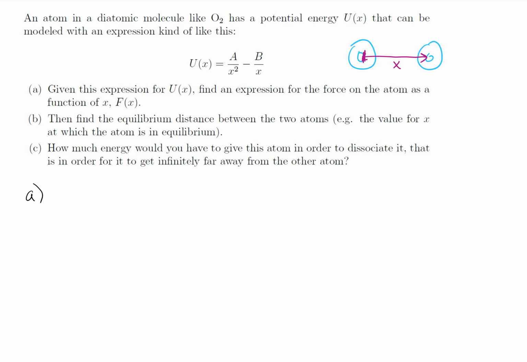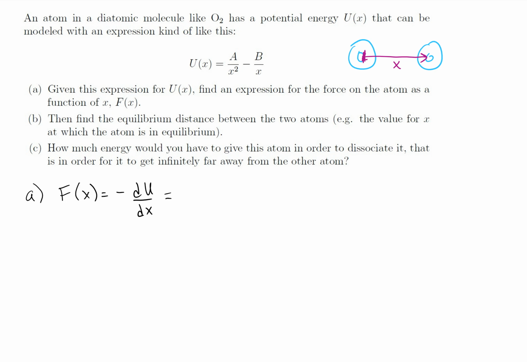Okay, so given that we have this expression for potential energy as a function of x, we would like to be able to find an expression for the force on this atom as a function of x. We would write that as f of x, right? So we know that the force is the negative derivative du dx.